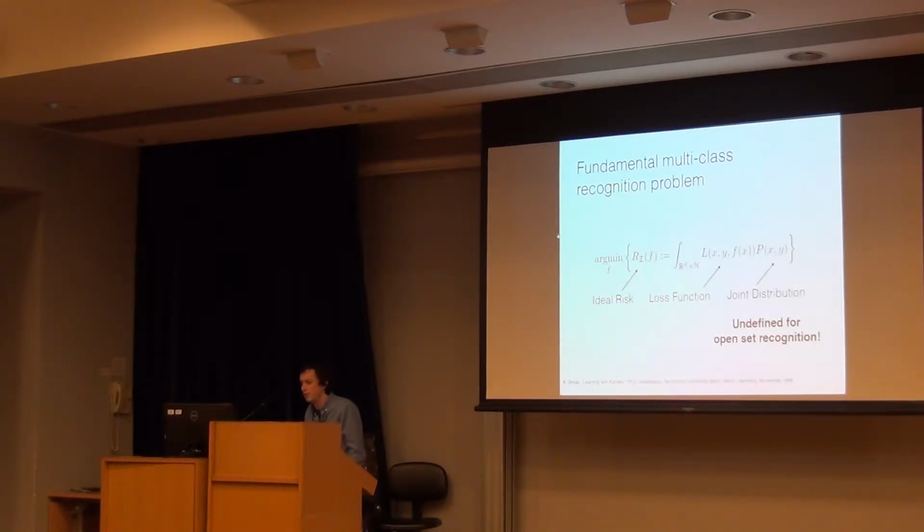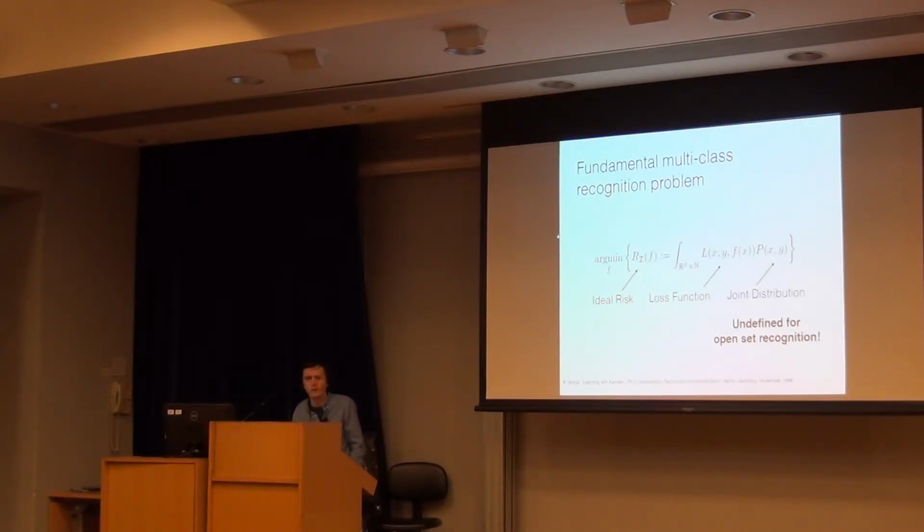So something that would come to mind immediately is probably this notion of ideal risk, which was posed by Vapnik back in the 1960s. Ideal risk is simply integrating over the output of a loss function, which is going to assign penalties for misclassification. Given the training data where we have training samples X, right, the extracted feature information, and then their corresponding labels Y, and some learned recognition function, multiplied by the joint distribution of those feature vectors and those labels.